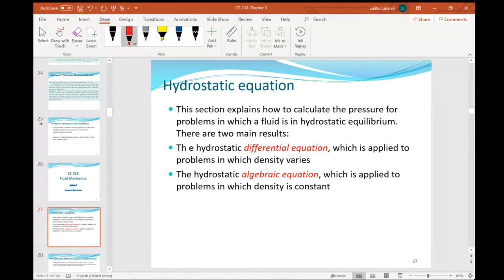There are two main results here: the hydrostatic differential equation, which is applied to problems in which density varies, and the hydrostatic algebraic equation, which is applied to problems in which density is constant.